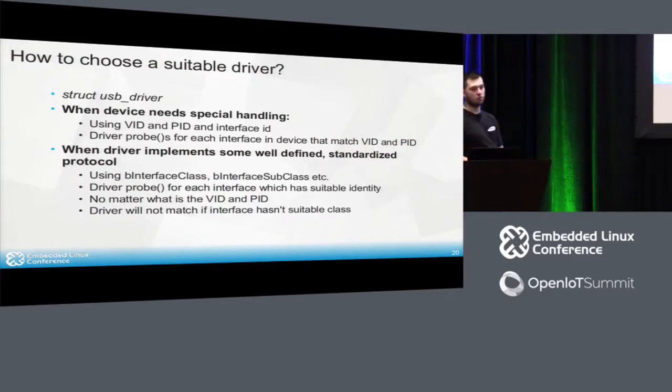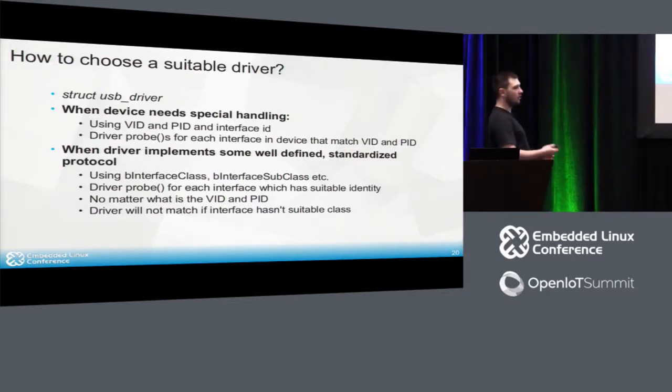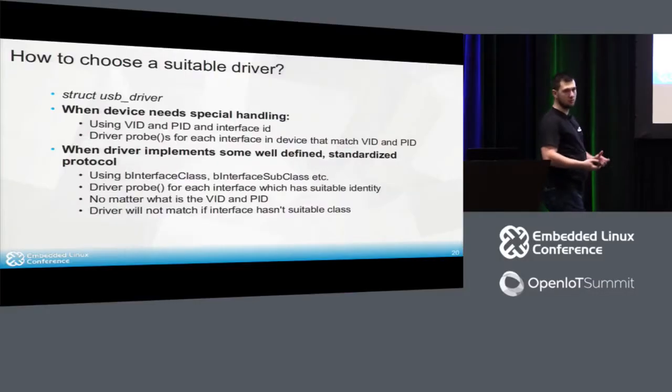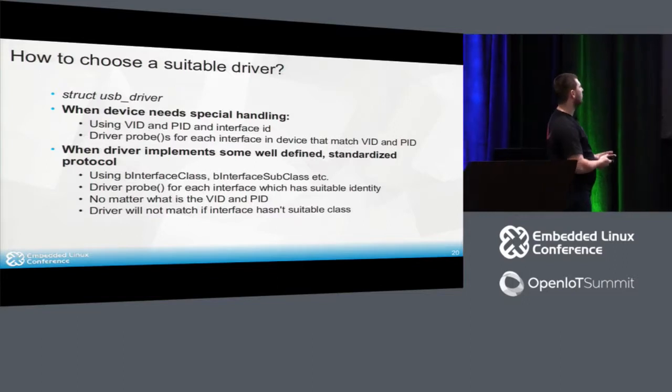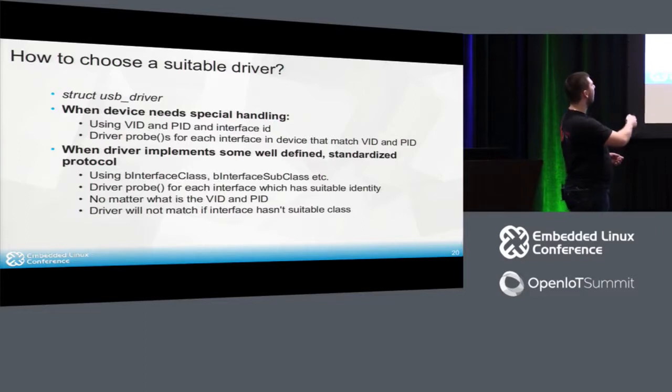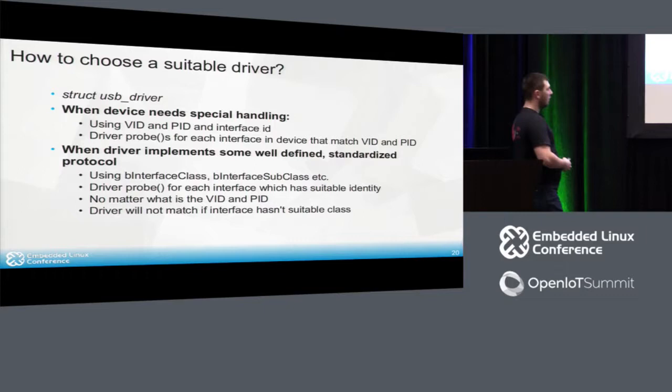How to choose a suitable driver? Each driver which we are focusing on is described using struct usb_driver. When the device needs special handling, we will choose our driver using the vendor ID and product ID information. If the driver implements some well-standardized protocol, usually we would like to use the class information of the interface, no matter what the vendor ID and product ID are.